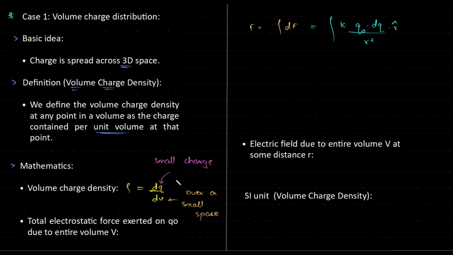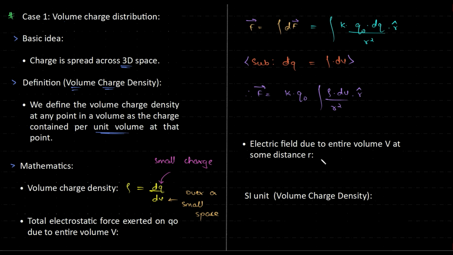But as per this, what is dq? dq is nothing but rho dV. Therefore, F is equal to K Q naught integration of rho dV by r square r cap. The formula turns out to be of this manner.